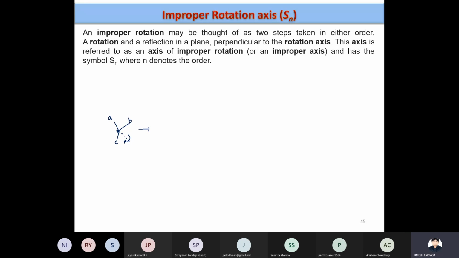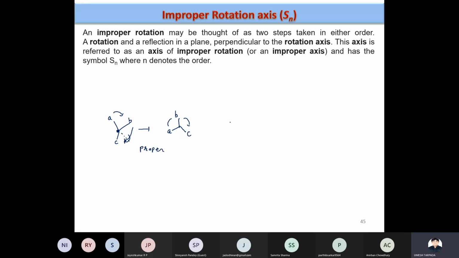Here A is followed by B, B is followed by C. This particular order is there. So if you give a rotation, then that order is maintained. A followed by B followed by C. This is called proper rotation.